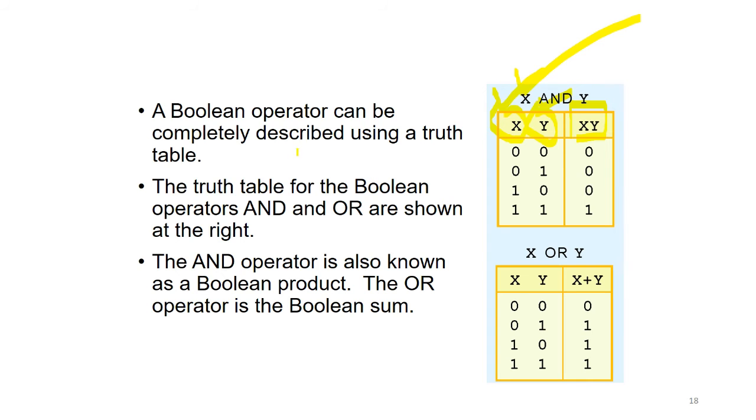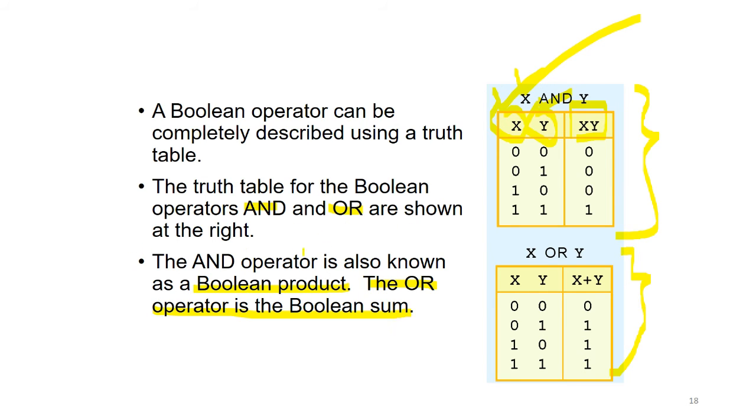The truth tables for the Boolean operators AND and OR are shown on the right. This is the truth table for the AND operator. This is the truth table for the OR operator. The AND operator is also known as a Boolean product. The OR operator is the Boolean sum.